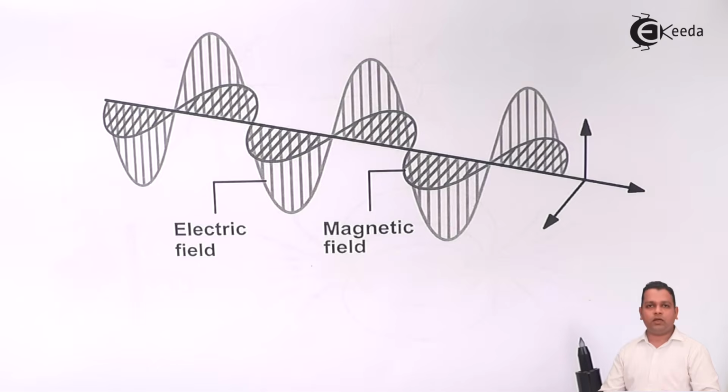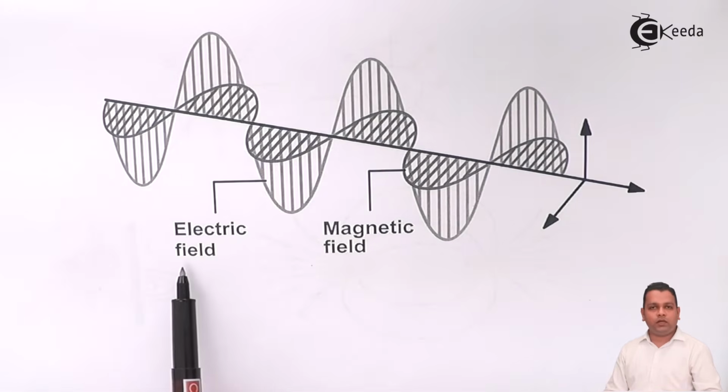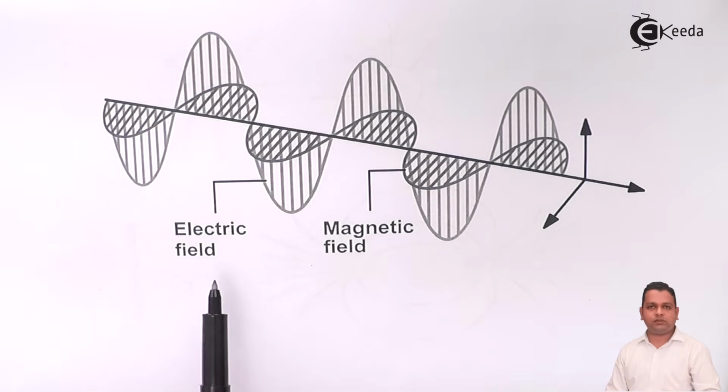Here, the coordinate axes are three and they are mutually perpendicular to each other. Electric field varies in this diagram in the vertical plane, whereas magnetic field varies in the horizontal plane. The third direction shown by this axis gives you the direction of propagation of the wave.